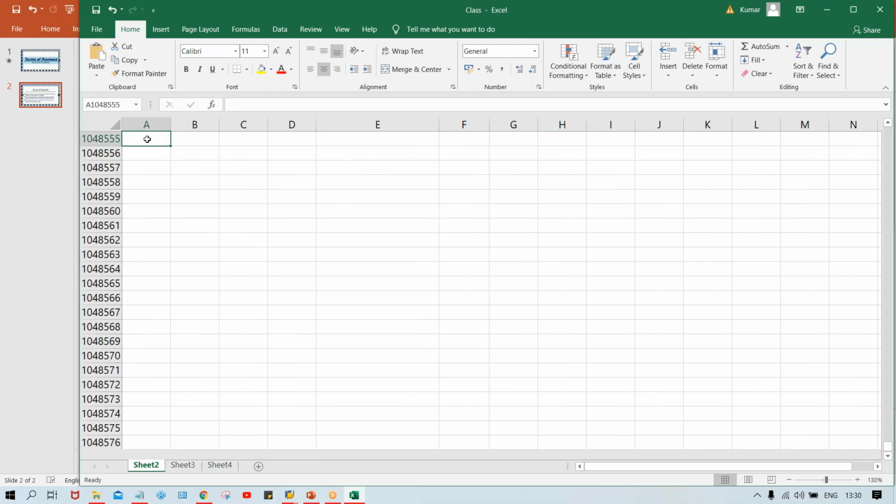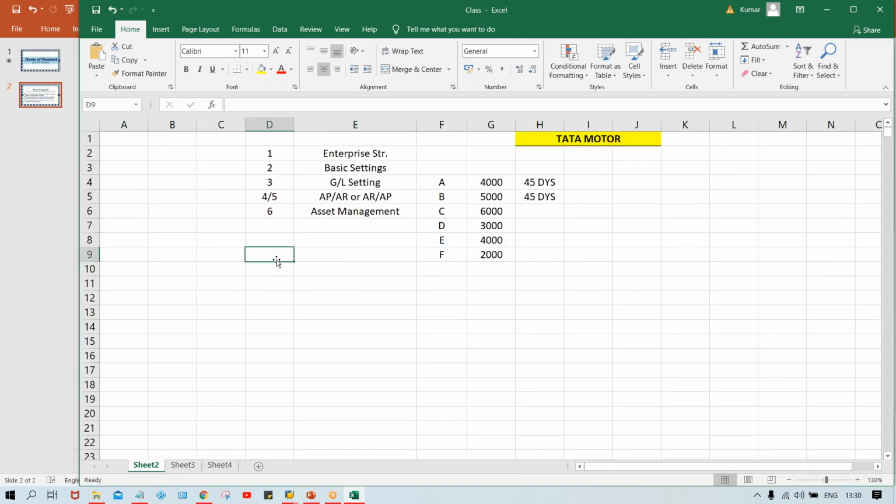Likewise, here 45 days; for this vendor the contract is 30 days; this vendor 60 days; again 60 days.